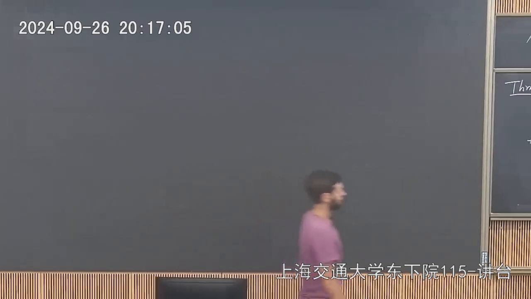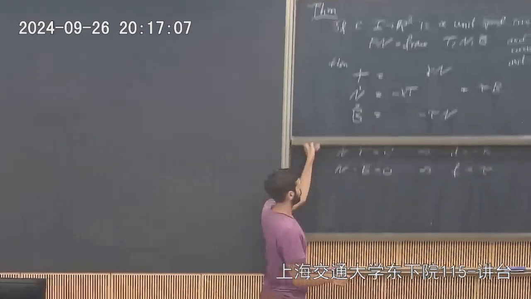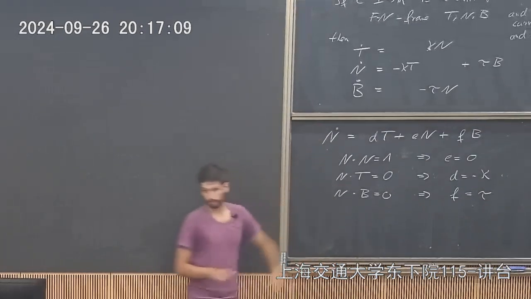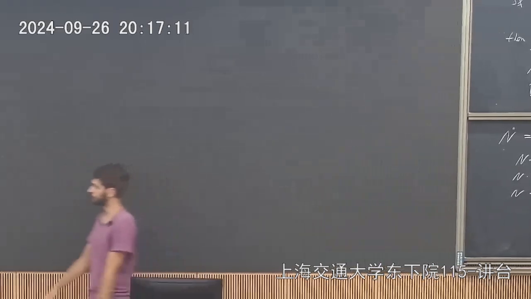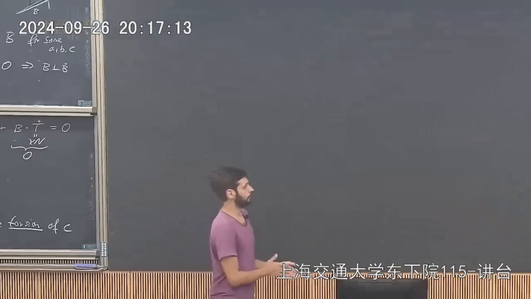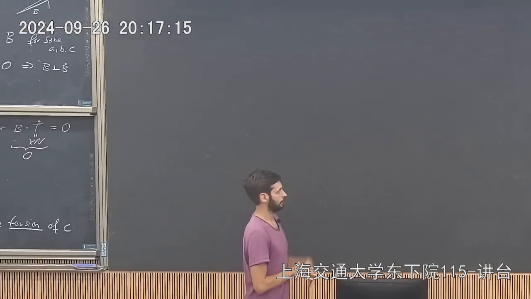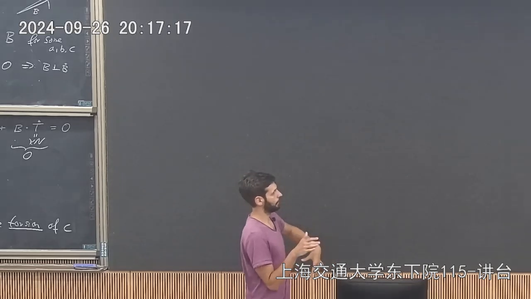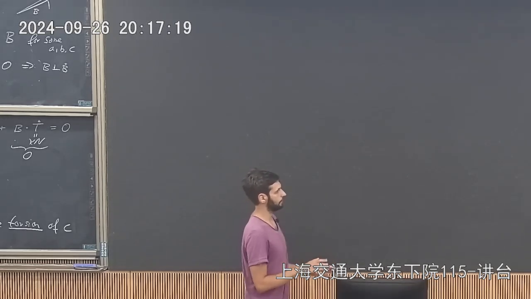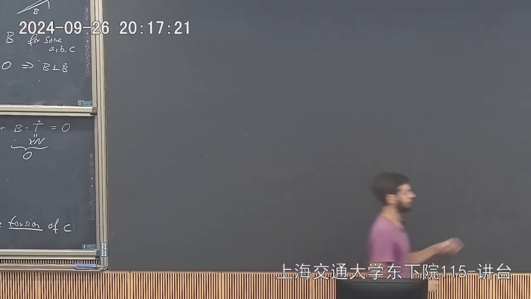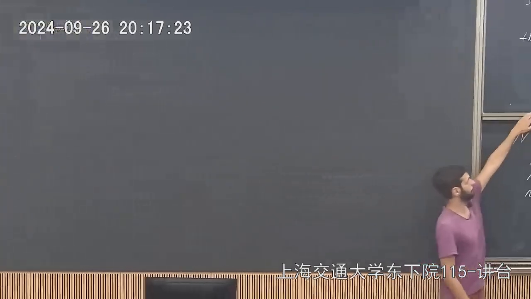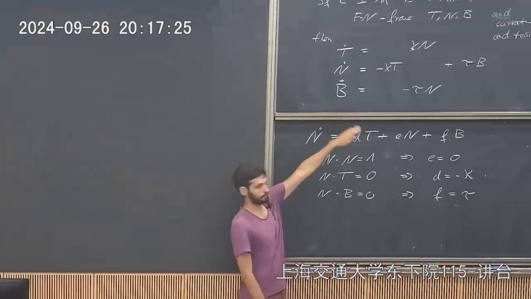So that's the upshot of our discussion so far, where we just calculated the time derivatives. So you can see there are two different viewpoints. One, you say T, N and B is the fundamental one, then you can see this one essentially giving you the definition of kappa and the torsion.